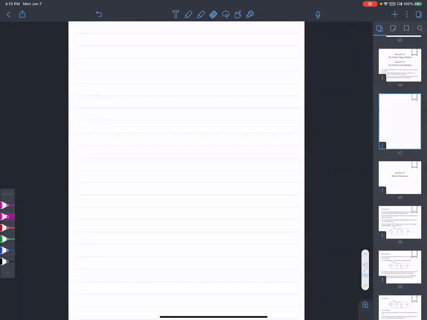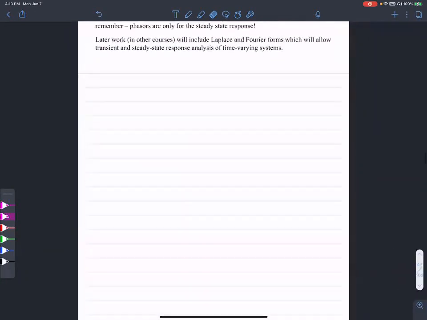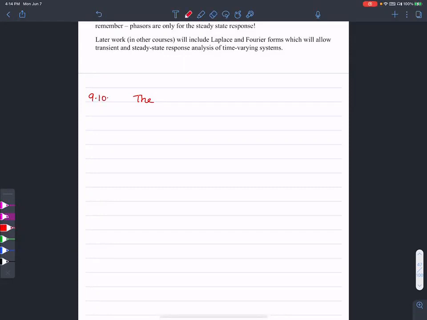I can annotate on my PowerPoints and add pages wherever I wish. So 9.7, is it 9.7? Let me take a look. 9.10, a transformer.